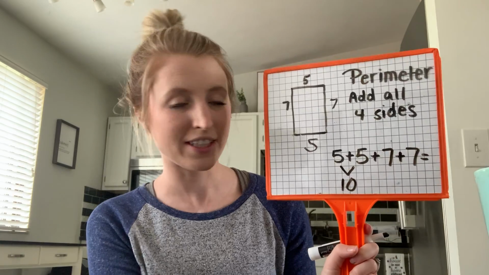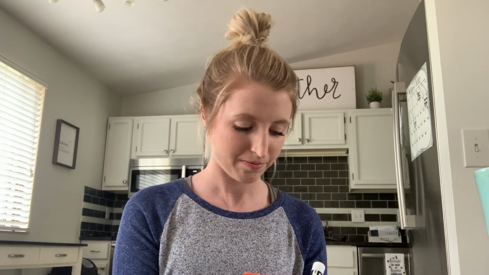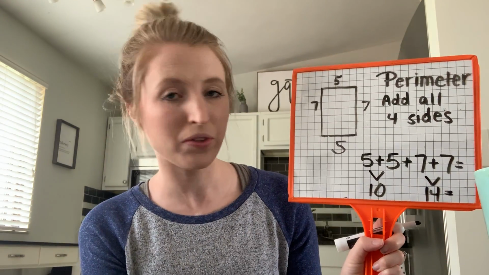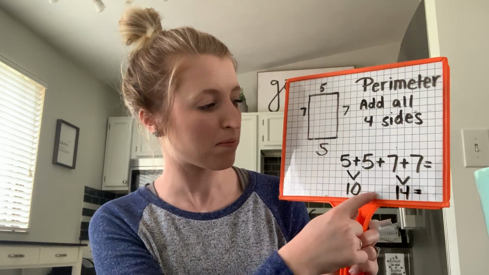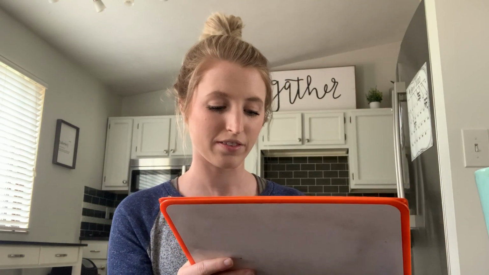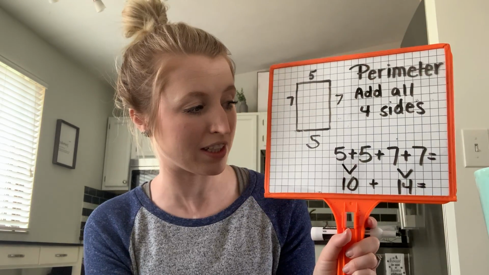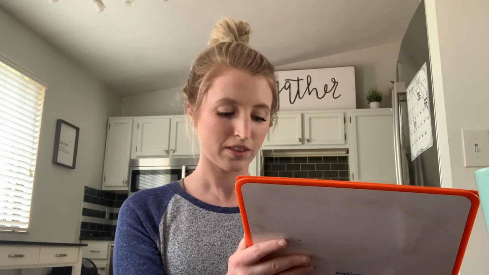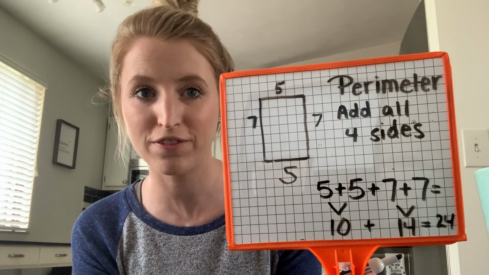And 7 plus 7 is 14. So when I add both sides all together, I would do 10 plus 14. Okay, so 10 plus 14 would be 24. So my perimeter of this rectangle is 24.